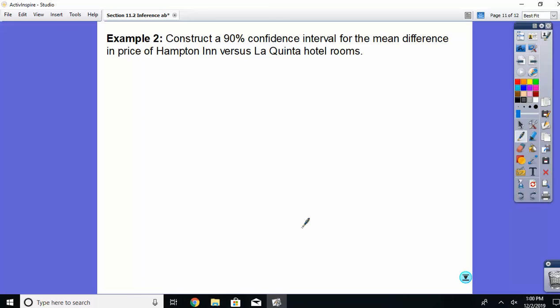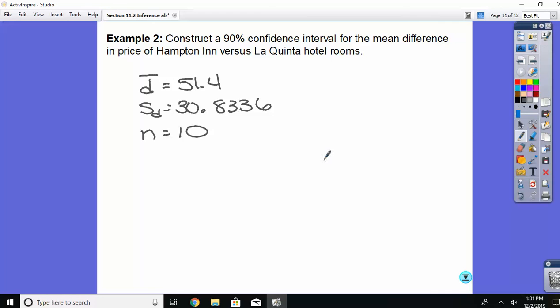So if we go back to those one variable statistics that we calculated, x bar, that's our difference, was 51.4. The standard deviation of our difference was 30.8336. Our n is 10.